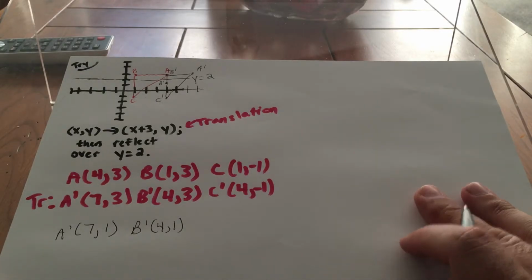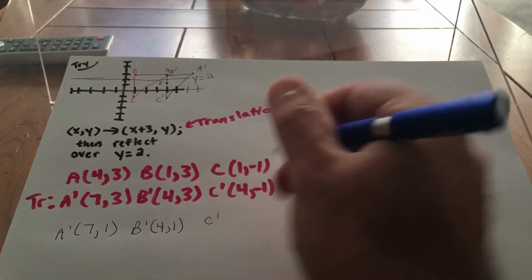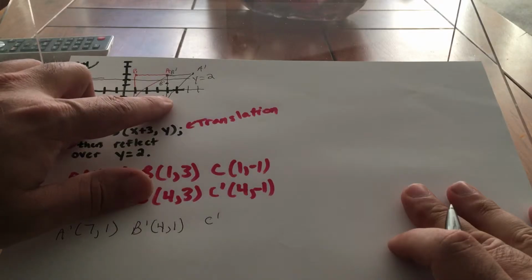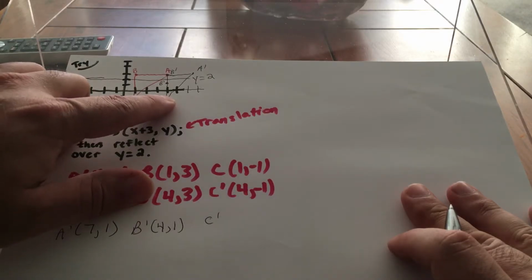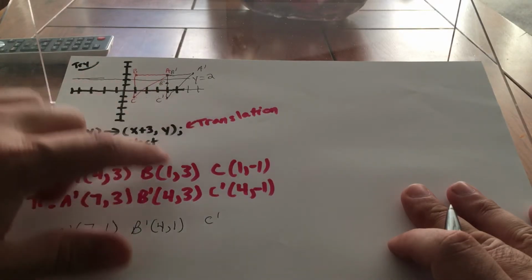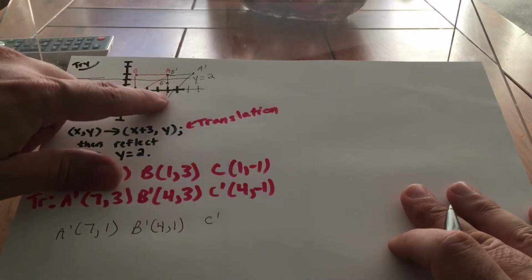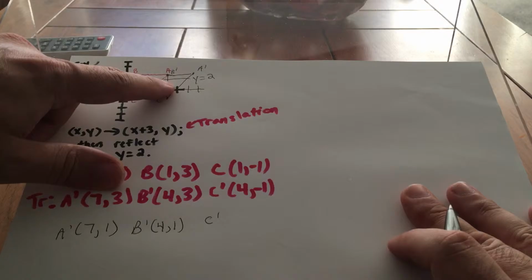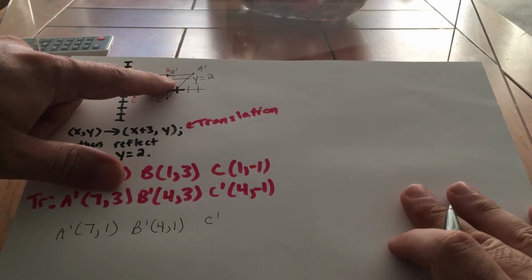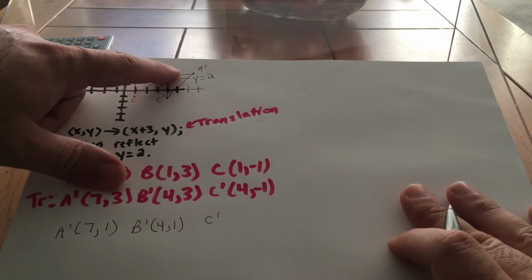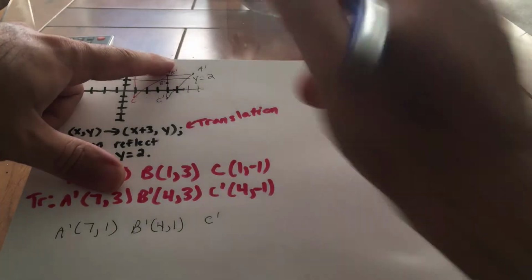All right. Now for C prime, to get back to y equals 2, you have to count. Your C prime is at 4, negative 1. So to get to y equal to 2, we have to go up 1, 2, 3, and then you've got to go 3 away from it. So you've got to go 1, 2, 3 above it up here.